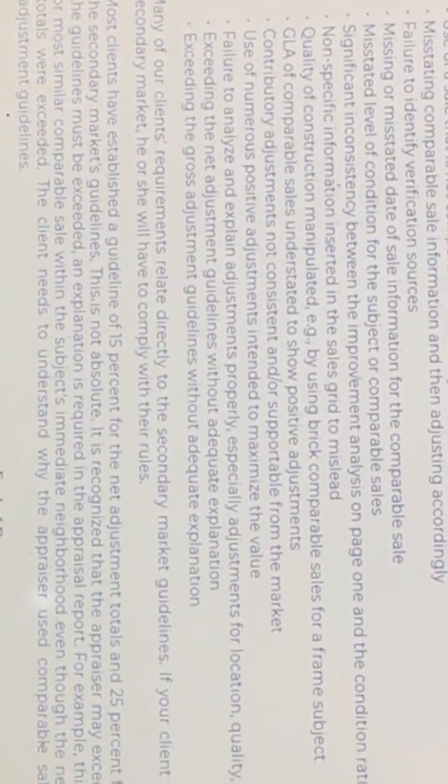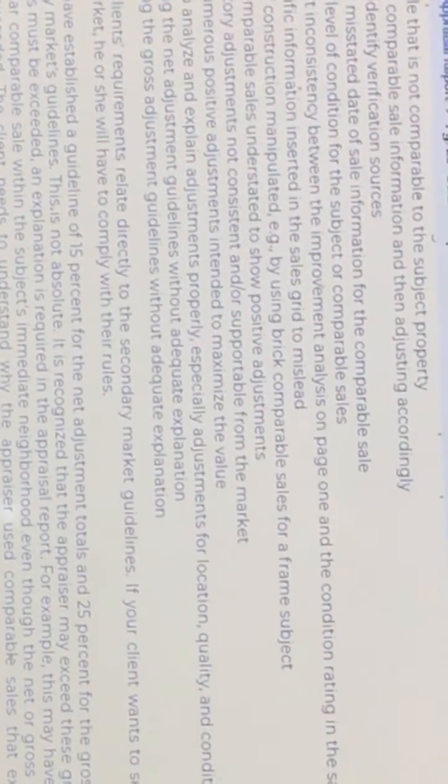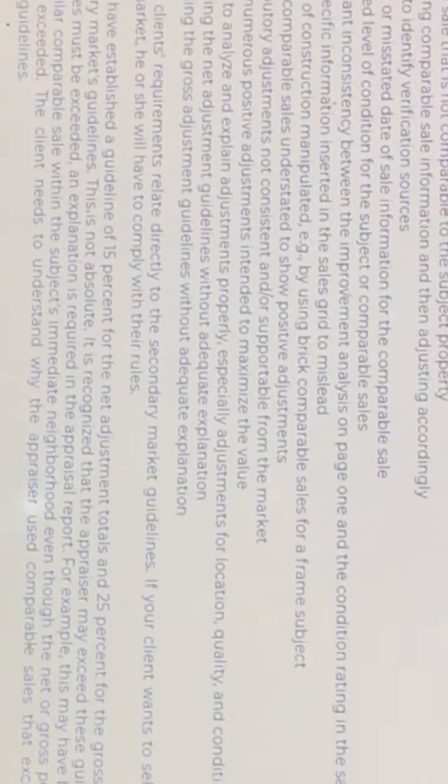Quality of construction manipulated, for instance, by using brick comparable sales for a frame subject. GLA of comparable sales understated to show positive adjustments. Contributory adjustments not consistent and/or supportable from the market.